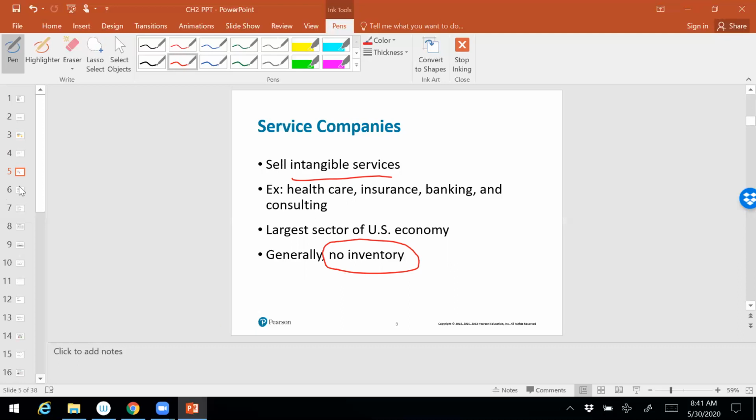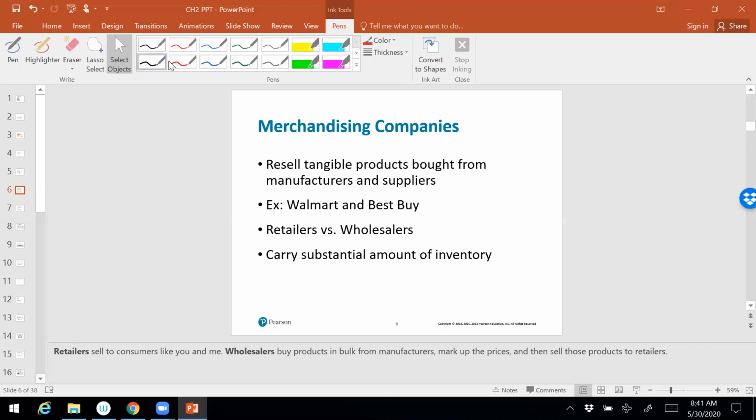And the next one is the merchandising, right? It's the merchandising company. What's the meaning of merchandising? They buy things from the manufacturer and then they sell it. They resell tangible products bought from the manufacturer or the supplier.